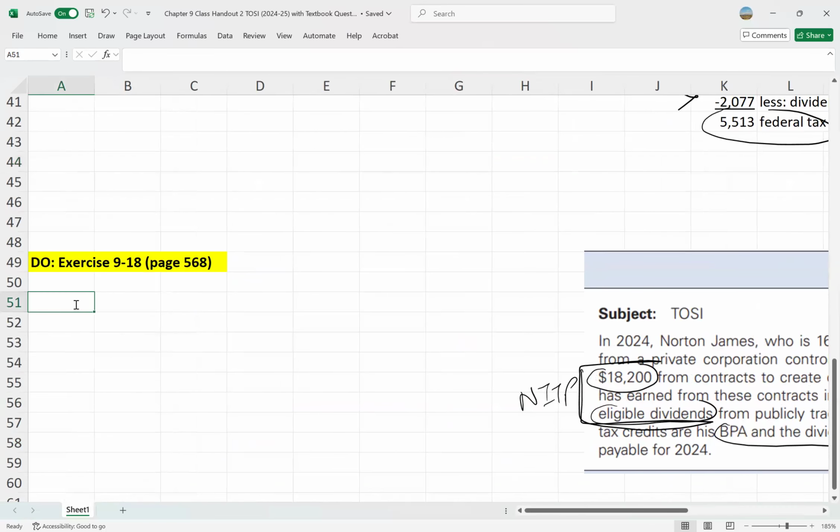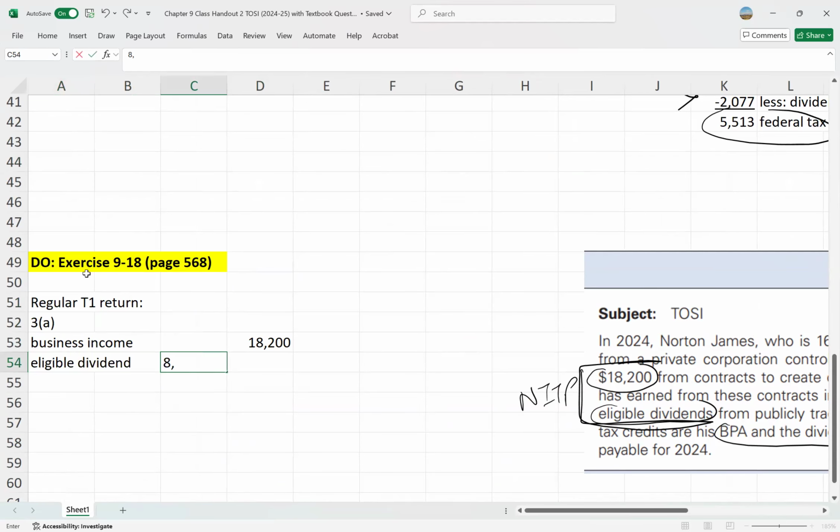So let's see what happens with Norton. So we would have his regular T1 return. And so on the regular T1 return in 3A, we would have his business income of 18,200. And then we would have the eligible dividend, that was 8,600. Now I'm just going to work through this quickly because it's already 8:30.